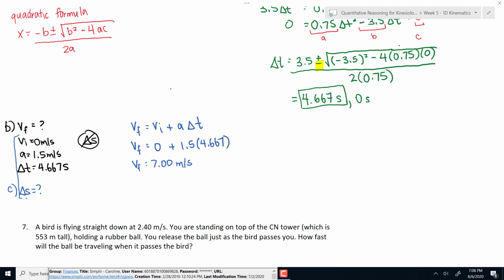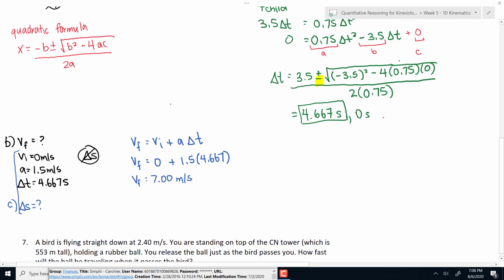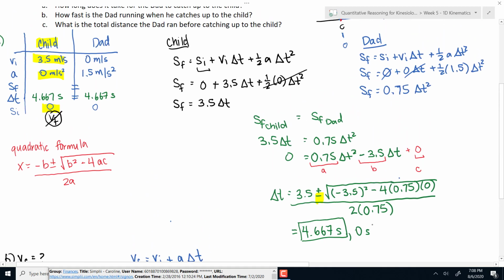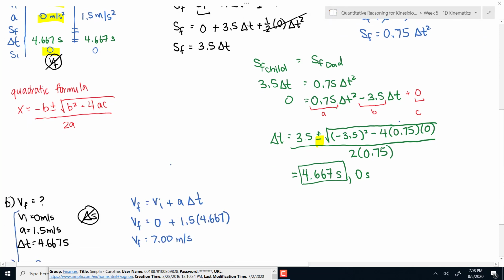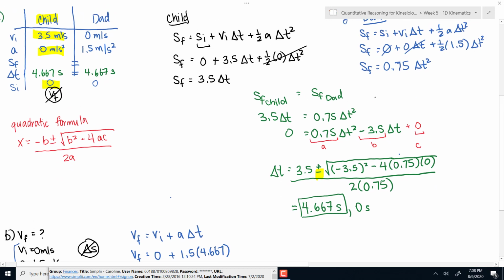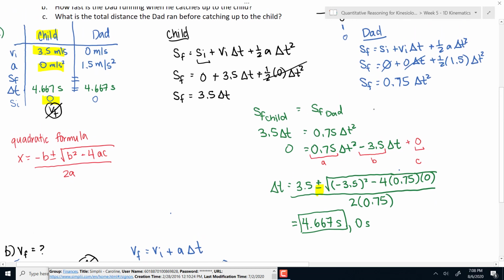Okay, so there's a couple ways to do this. We've already solved for delta s of the dad. So s final of the dad is 0.75 delta t squared. So that's the same as delta s because we know that the s initial was 0.